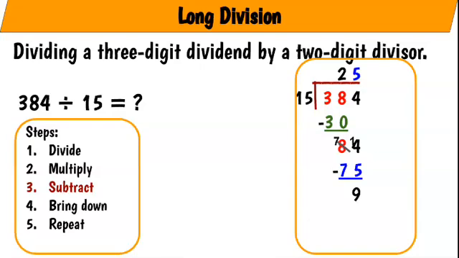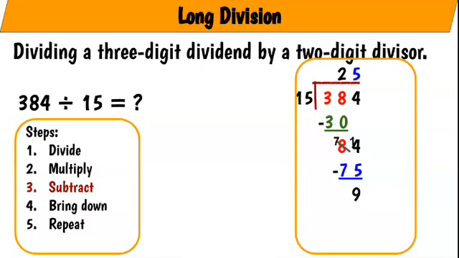Now, if we look at our dividend, we have brought down our last digit, which was 4. So there's no other number to bring down. So this means that our sum has ended. And since we have 9, and 9 is less than our divisor 15, that 9 would be our remainder, because we have no more numbers to bring down.